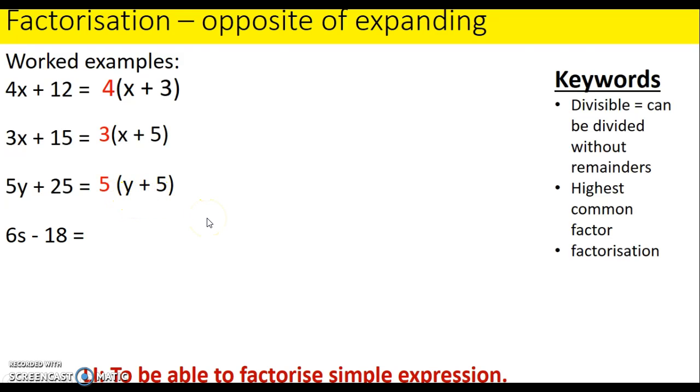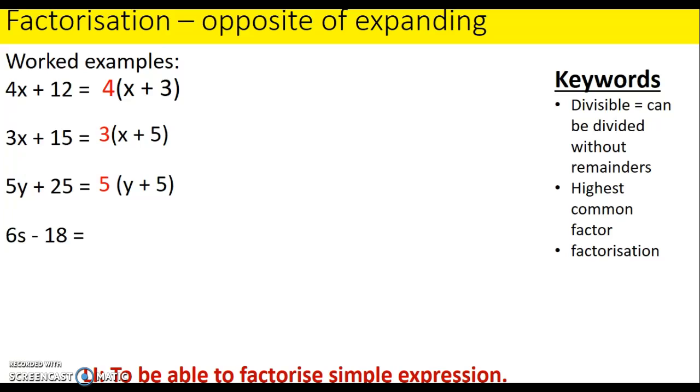And 6s minus 18. I've given you a little bit of a variation. I've put a minus sign in there so that you know how to do this kind of question. Highest common factor here, I'll give you a couple of seconds to think about it. So 6 and 18 are both divisible by 2, 3, and 6.